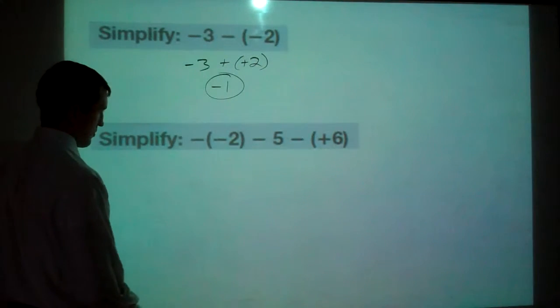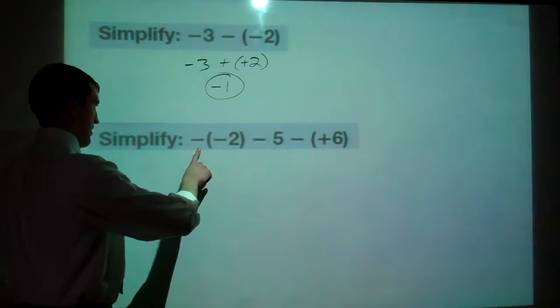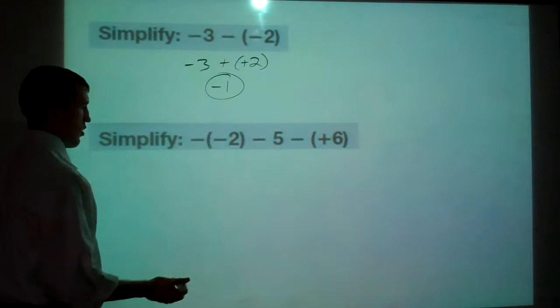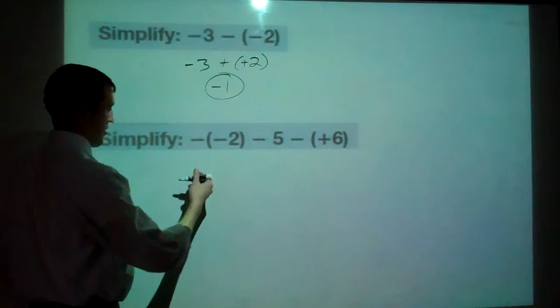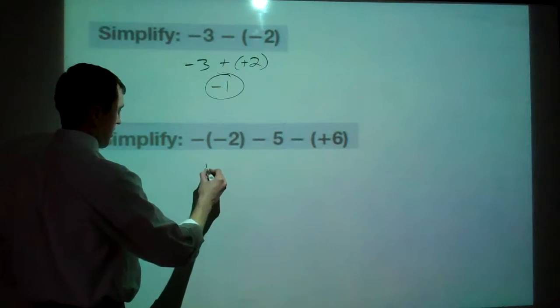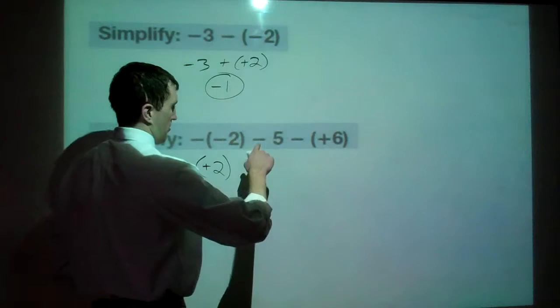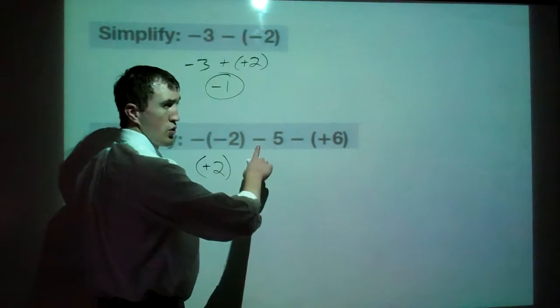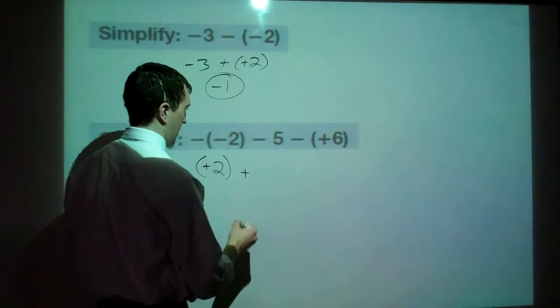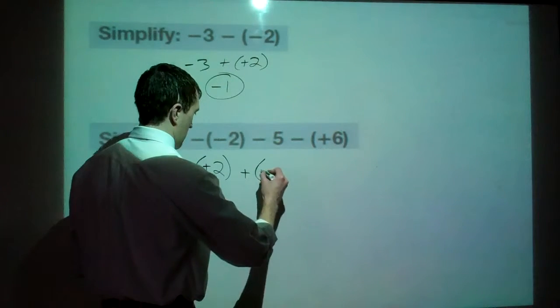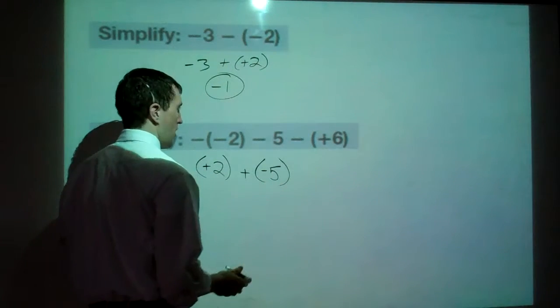Okay? So this means, remember, the opposite of negative 2, which is 2. Or see that we have two negatives next to each other, it's going to be a positive. So it's going to be positive 2. And I'm going to turn this to addition. So plus the opposite of 5, which is negative 5.